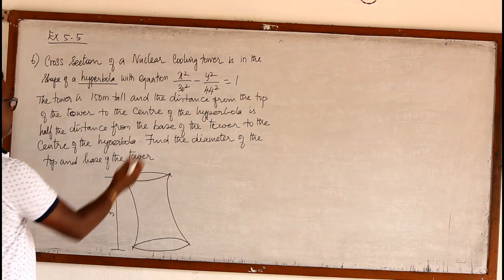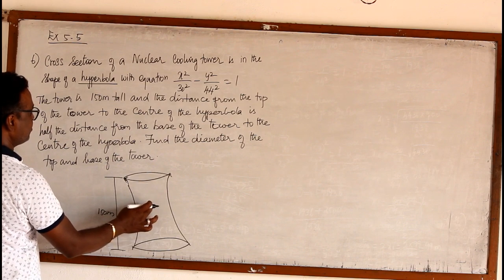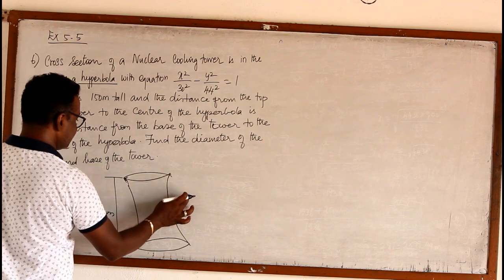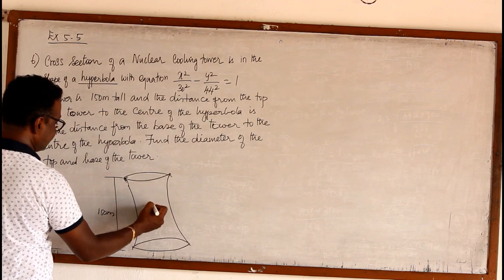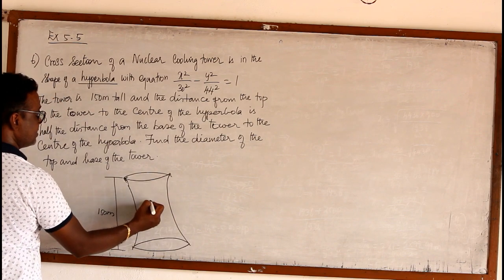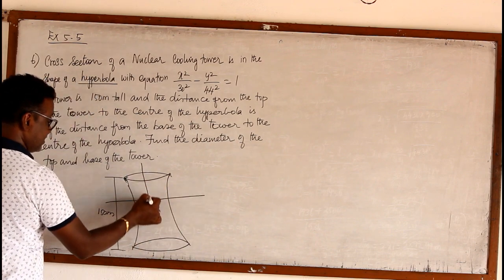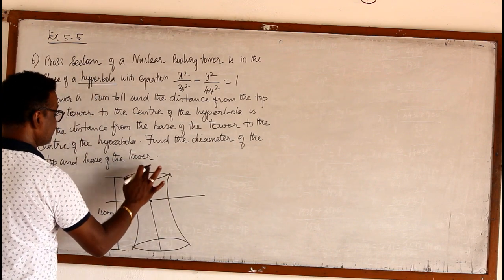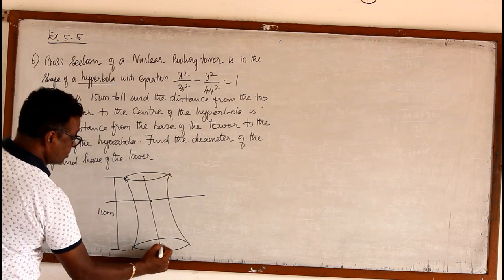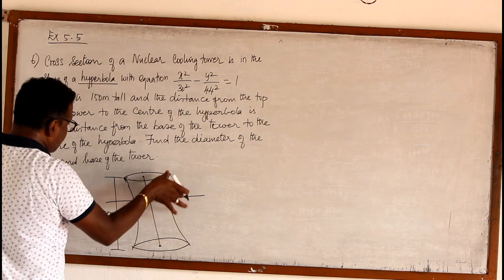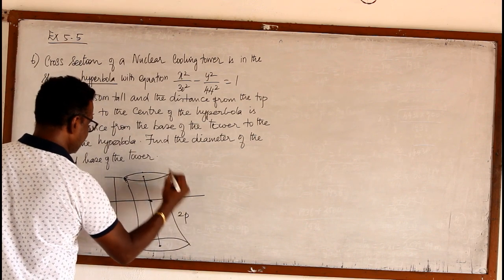Now they say the distance from the top of the tower to the center of the hyperbola is half the distance. So this is half when it is compared from this one. That is, the center is not lying exactly at the center of this, maybe somewhere here. So this is the center. So this is half of this, that is, if I take this one as 2p, then this is p.